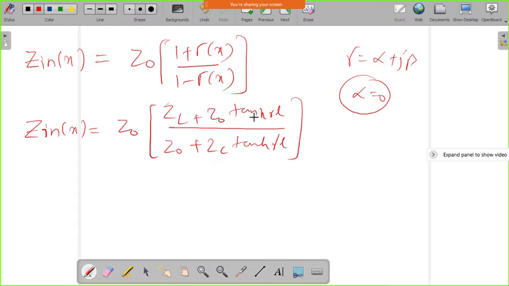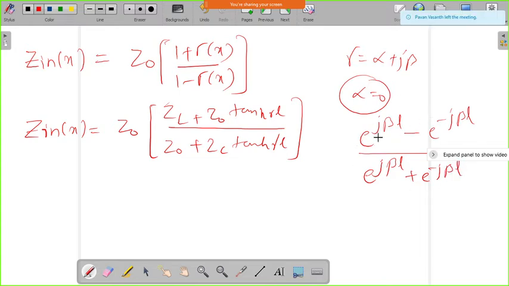So now we can rewrite tanh gamma l as (e power j beta l minus e power minus j beta l) divided by (e power j beta l plus e power minus j beta l).